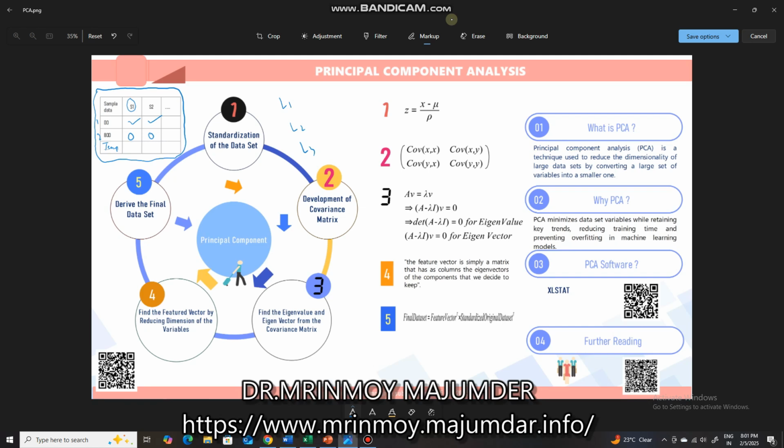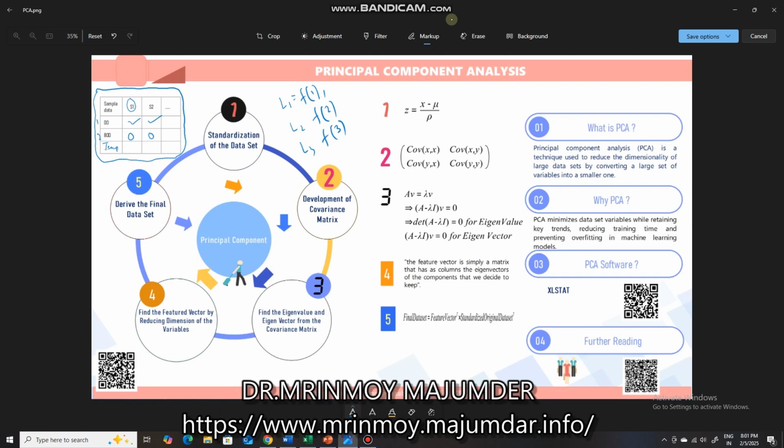When you say that I have only the latitude of all the locations, then that data set is one-dimensional. When you say that I have latitude and longitude, it becomes two-dimensional. When you say I have x, y and z, that means latitude, longitude and elevation, you are using 3 dimensions, and so on.